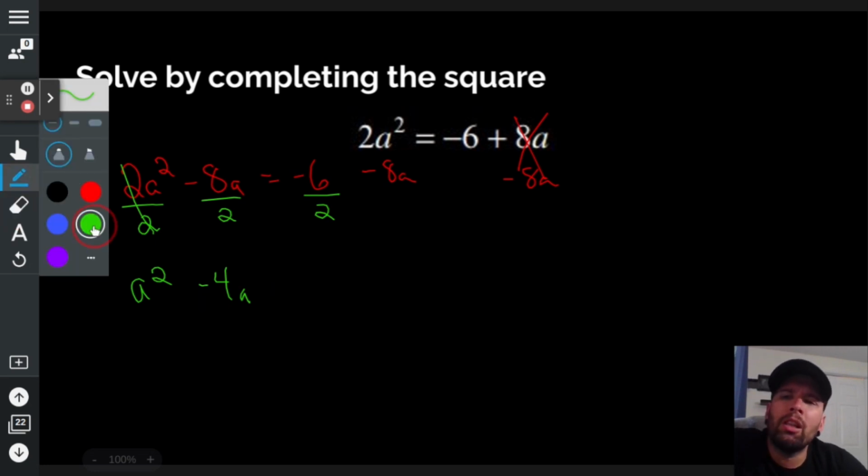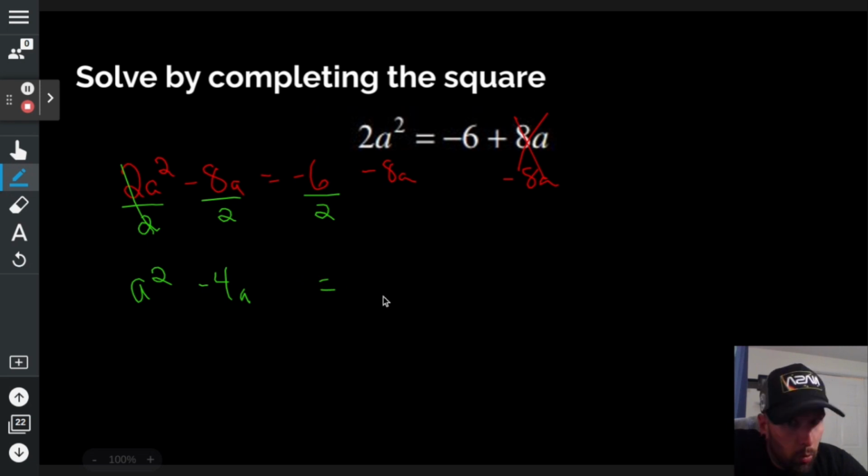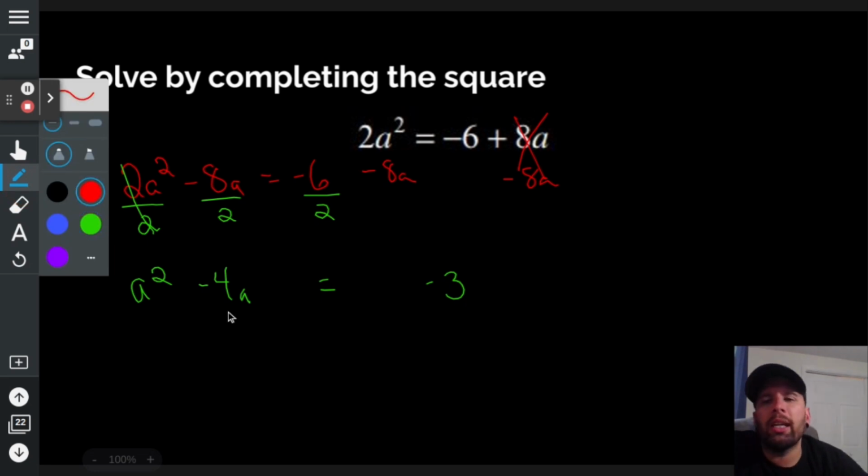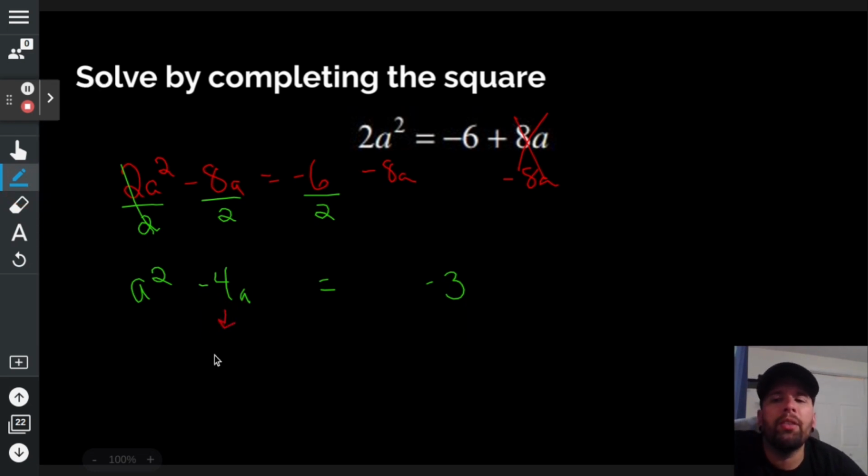Now, I'm going to purposely leave myself some space, and you will see why. Over here, too, negative 3. Now, to complete the square, what you do is you take half of the number in front of a, so negative 2. You square that, so positive 4, and you add that to both sides.